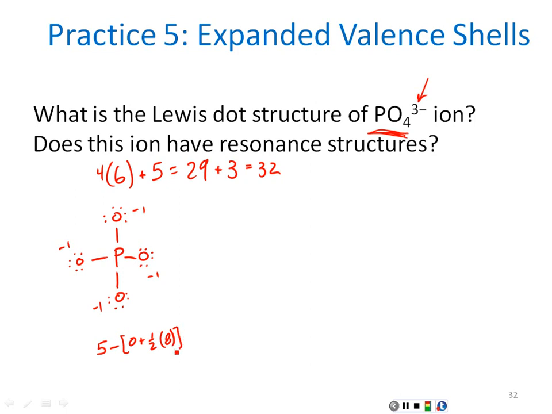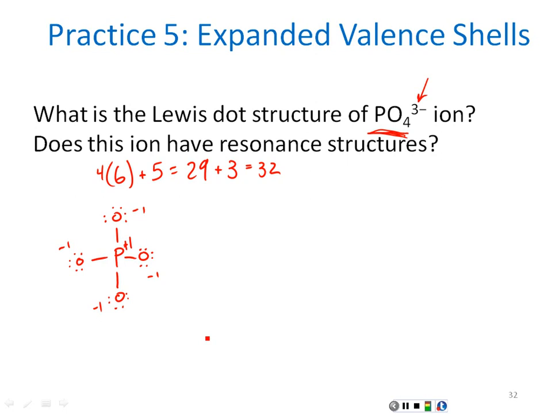So 5 minus 4 would be a +1. So again, this structure follows the octet rule. The formal charges are reasonable. They're all 1s. There's no 2s.